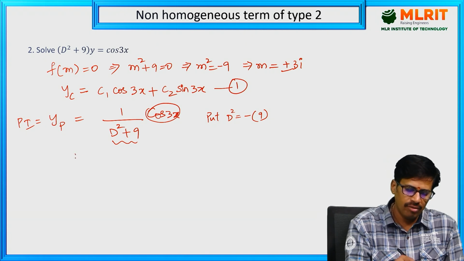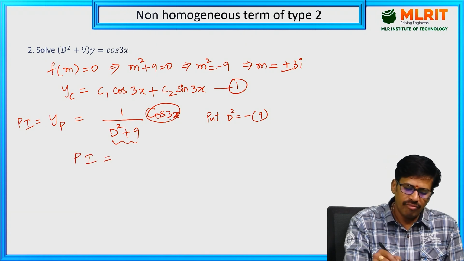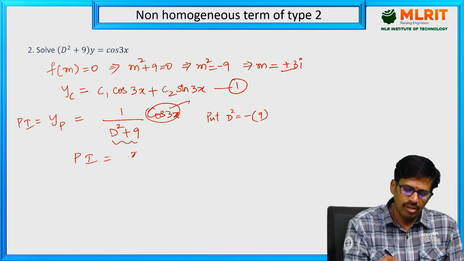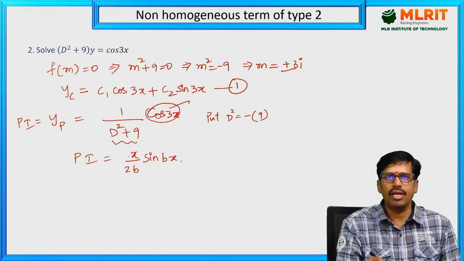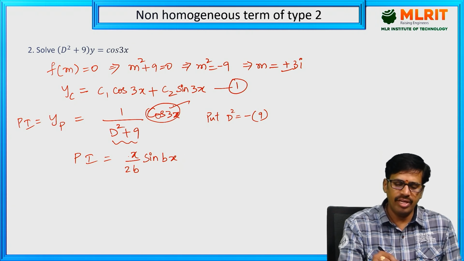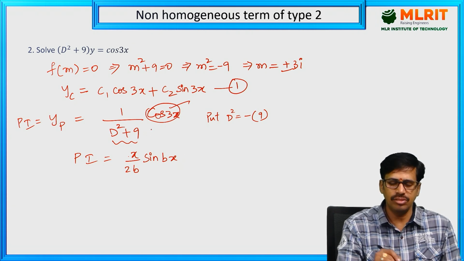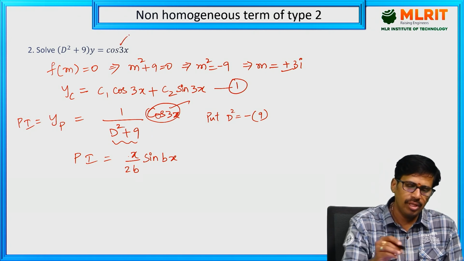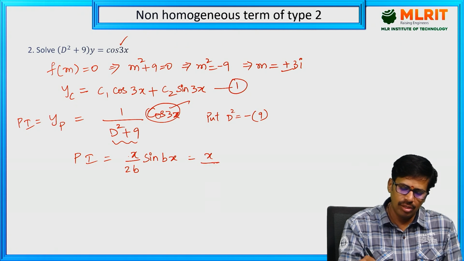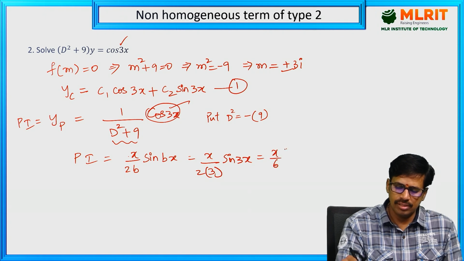What is the formula? For the particular integral, if the function is cos bx, it is x by 2b sin bx. Here b means 3. So x by 2 into 3 sin 3x, so this is x by 6 sin 3x.